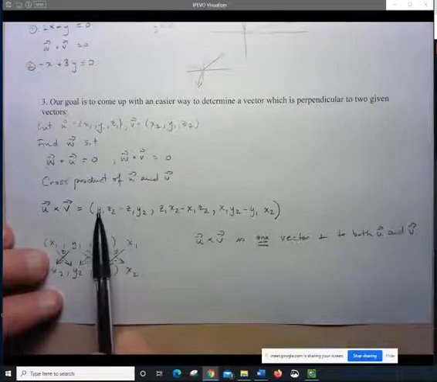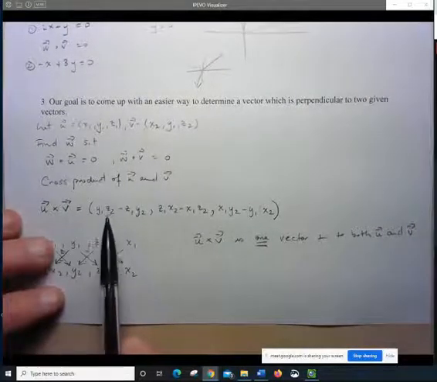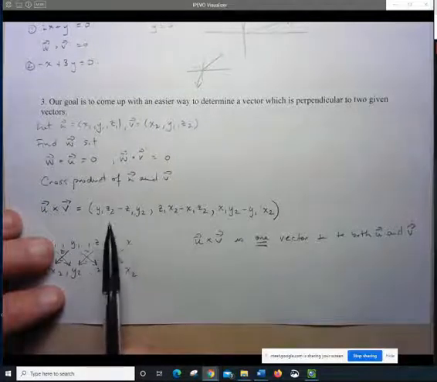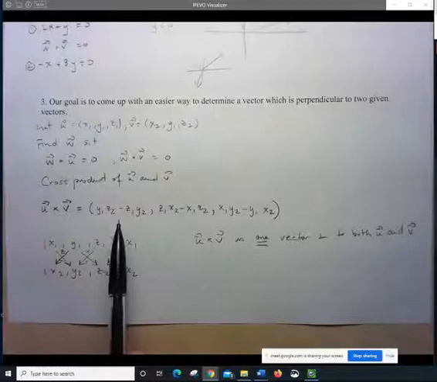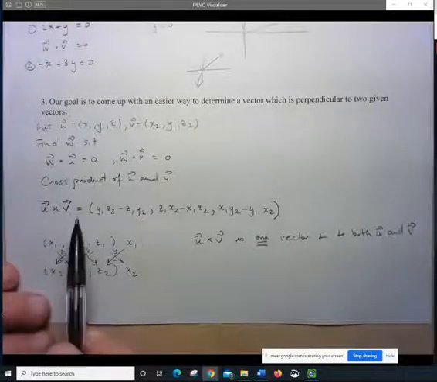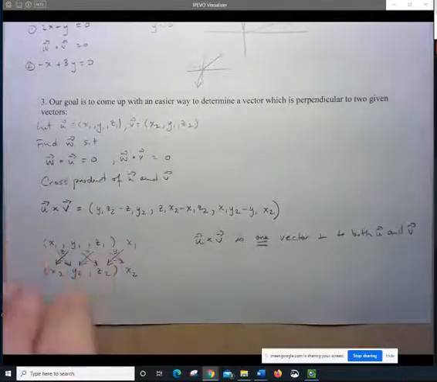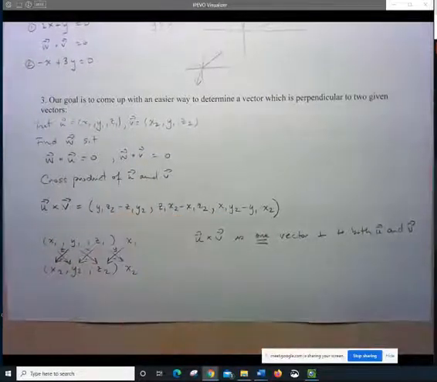If I wrote z2 y1, that wouldn't make a change, but if these two are switched around, yes, it will definitely make a difference. And in fact, you might even think about what that tells you about this product, given that if I switch the orders around, this subtraction is going to cause a different result.